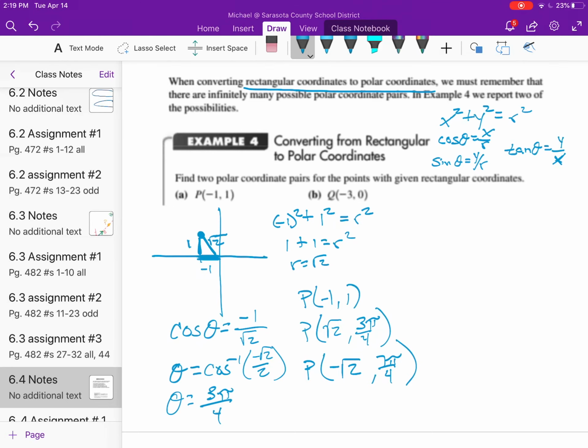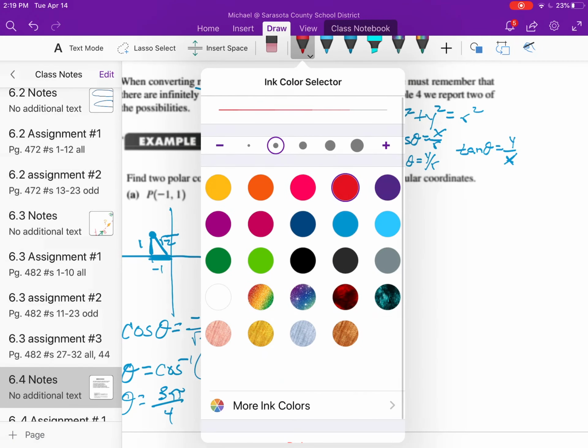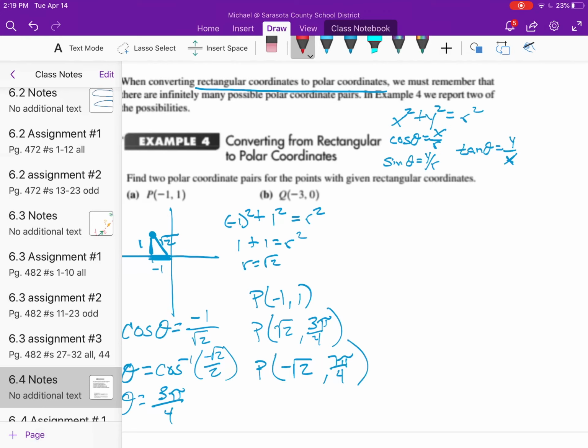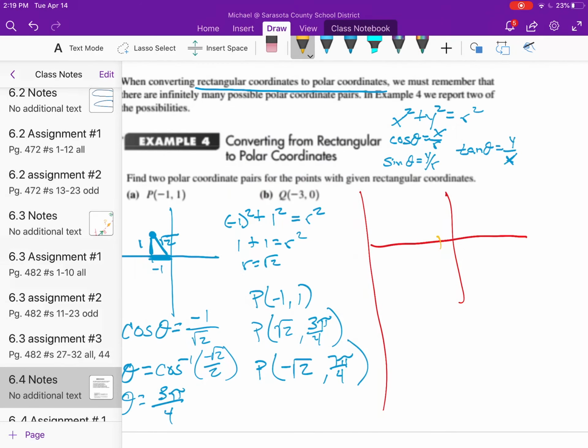Now the other one we're going to talk about is part B, which is a very interesting example. We see that we have a point -3, 0. Where are we? We're actually on the x-axis, which provides an interesting scenario.